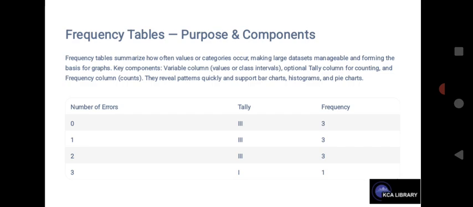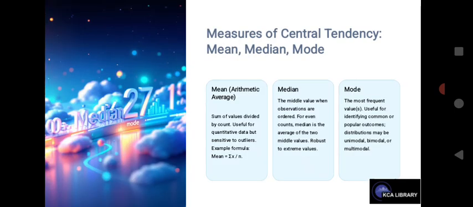The key components include a variable column, a tally column for counting, although it is optional, and a frequency column where you write down the number of counts. So a frequency table reveals patterns quickly and supports bar charts, histograms, and pie charts.